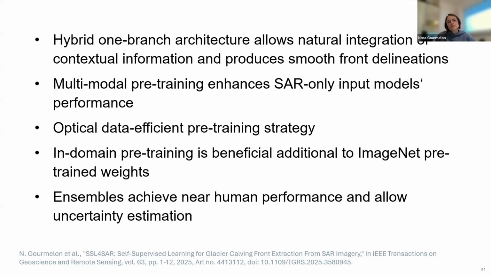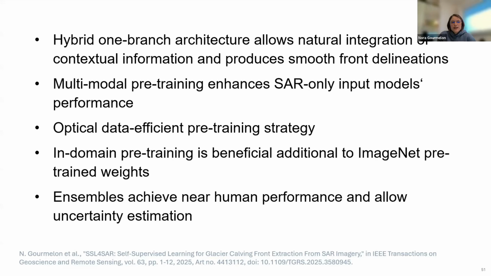Then we were able to enhance the performance of a model that only gets SAR images by using multimodal pre-training with optical images as well. And this pre-training strategy is quite data efficient, at least optical-data efficient, because we don't need matched SAR-optical image pairs, but just one optical image from each glacier.